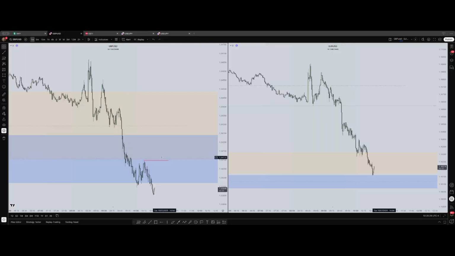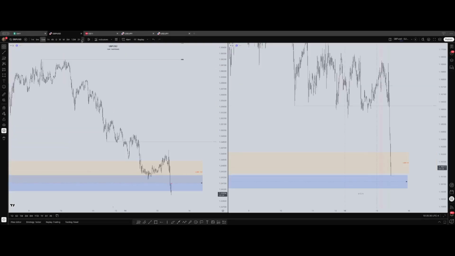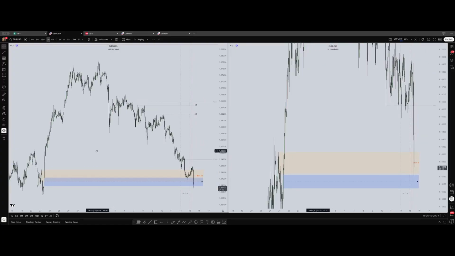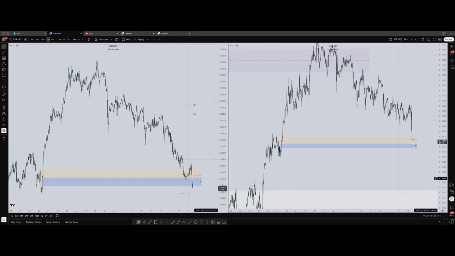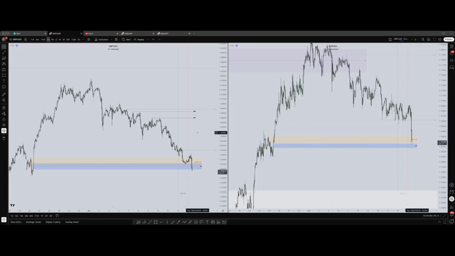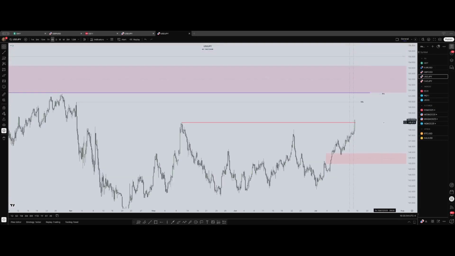That for me is interesting. So far, nothing, so I do nothing. USD JPY is going like a rocket.